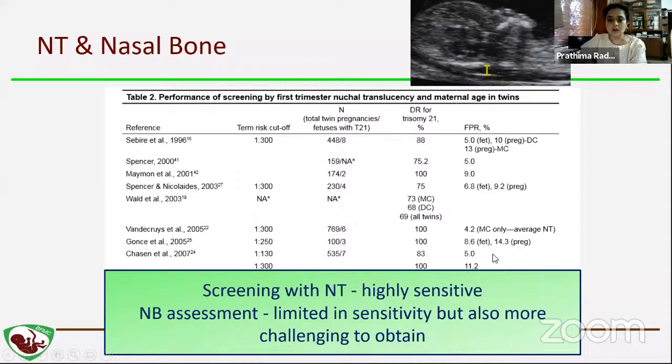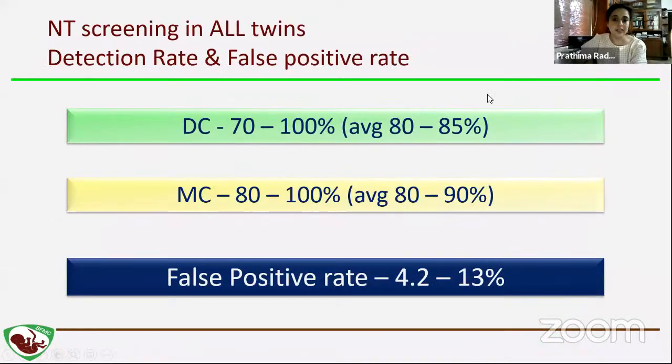But all in all, screening with the NT has a high detection rate in twin pregnancy, with an average of 80 to 85% in dichorionic, 80 to 90% in monochorionic, with slightly higher false positives, particularly in monochorionic, because there are other conditions in monochorionic placenta that can present with discordant NT as well.